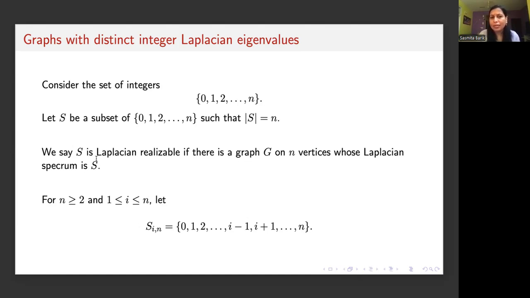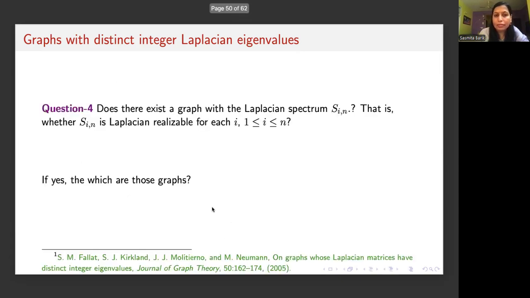Given any set S of n numbers, we say that S is Laplacian realizable if there exists a graph with this spectrum S. So the same question here: if we take n numbers between 0 and n, leaving one number, that is the set S_{i,n}. Is there a graph which takes S_{i,n} as its Laplacian spectrum? This problem was handled, and if i is not equal to n, then the question is completely solved.